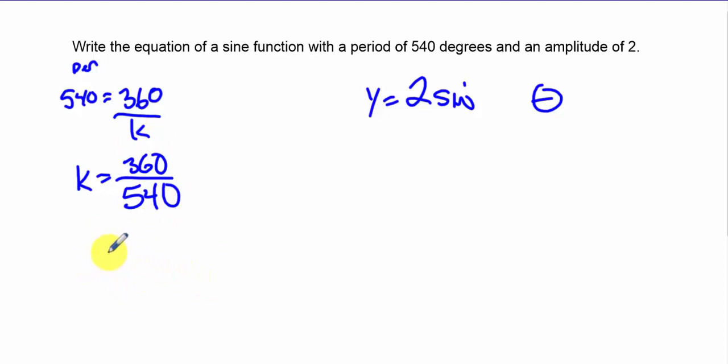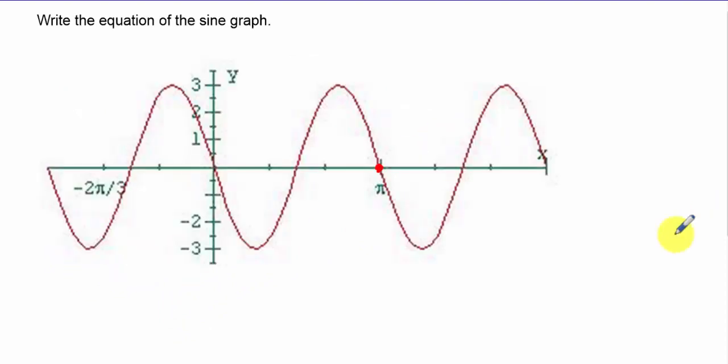The zeros go, and 9 goes into both of those. 4 times here, 6 times here, which means something else went into both of those, so I can go 2 and 3, and k value is 2/3.